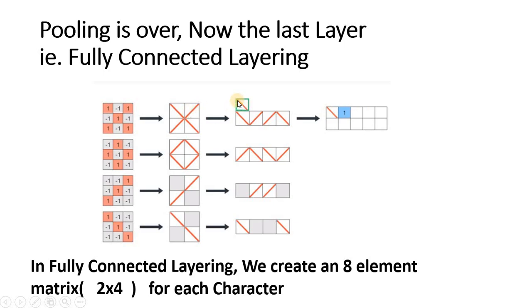The forward slash, you put it over this. You take 1, 2, 3, 4 and put it over this. If they are matching, you make it 1. If they are not matching, you make it minus 1. If they are again matching, make it 1.